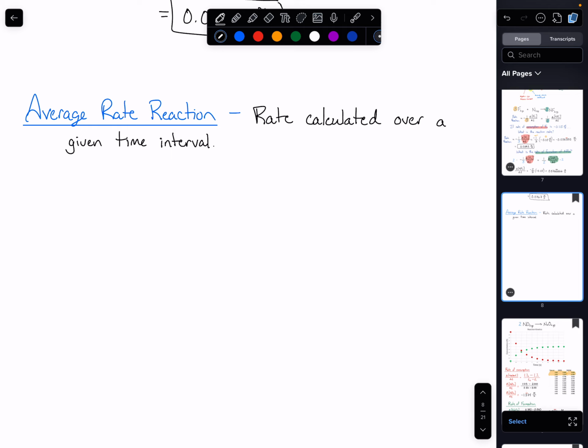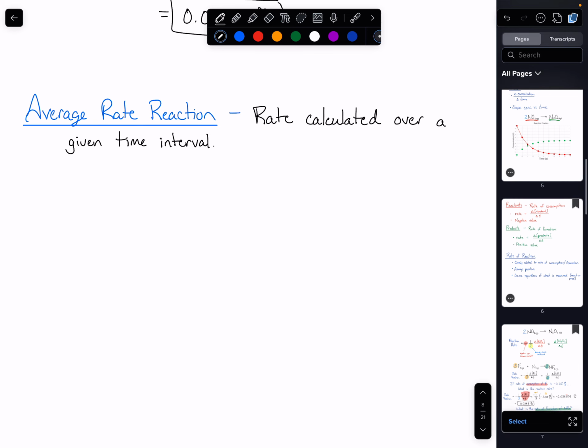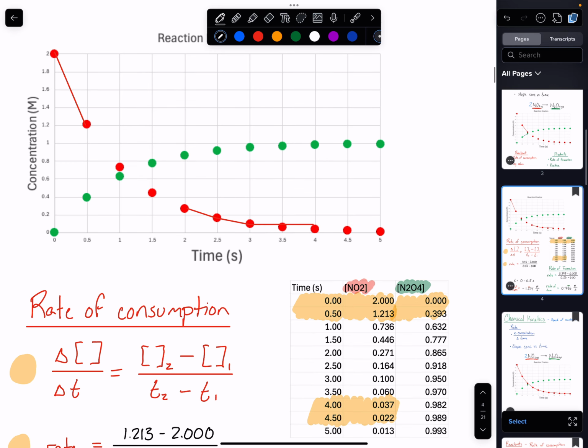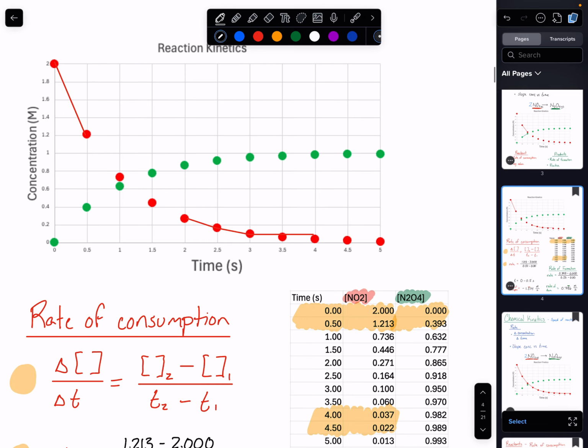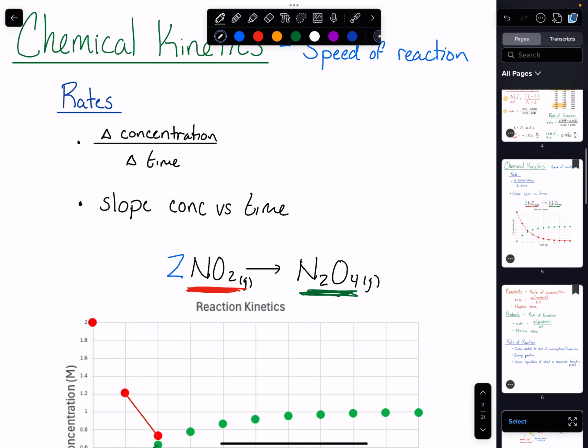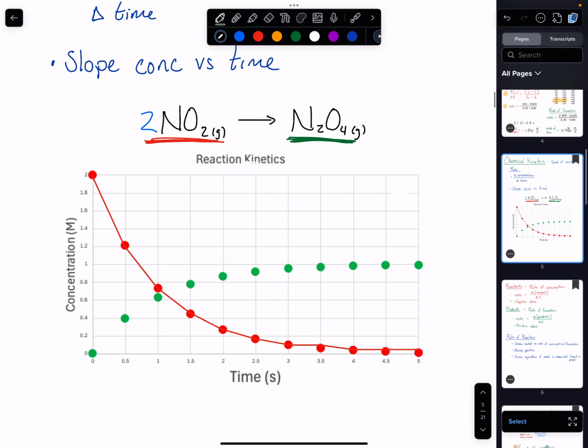Okay, so what do I mean by that? Remember how we calculated that rate of reaction using that data before? Right, we had to take these two time points here and take the difference between them. So what we sort of did visually, let me grab a better looking graph here.